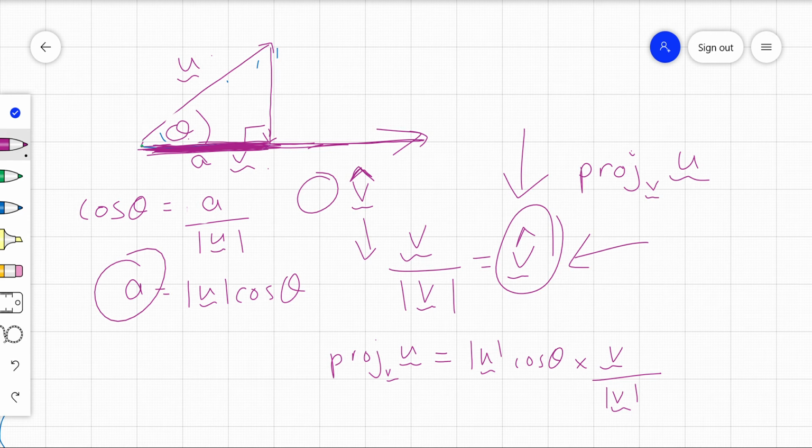So cos theta is the distance a, which is that scalar part, over the distance of vector u. Rearranging that, my scalar a is magnitude of u cos theta. I've just got that in front of the unit vector of v. And that's how the projection of u onto v works.